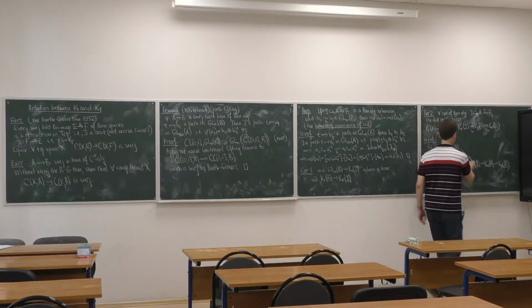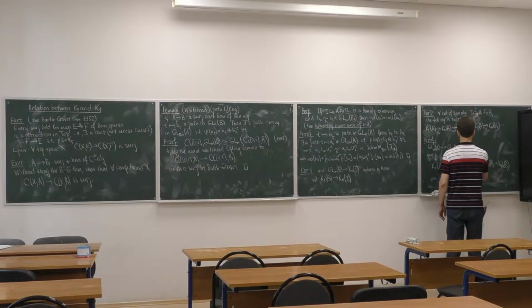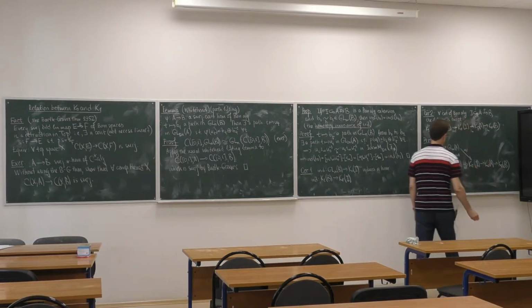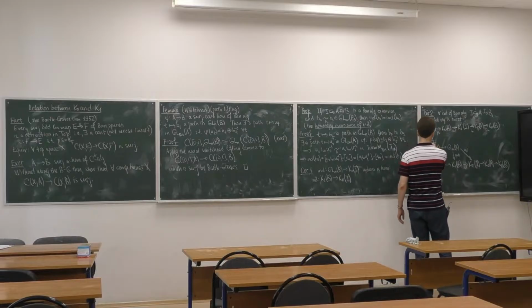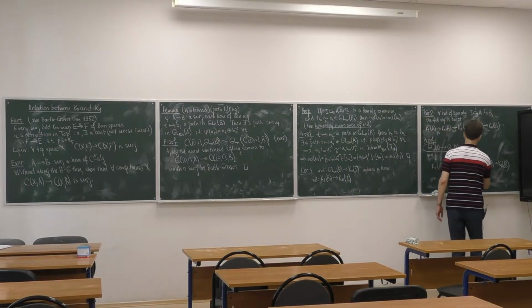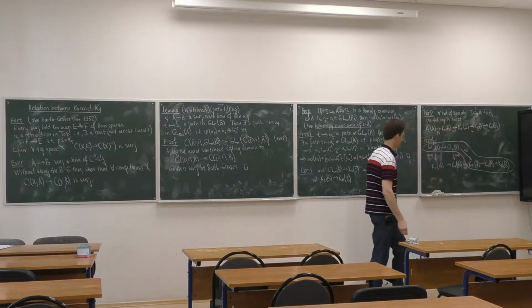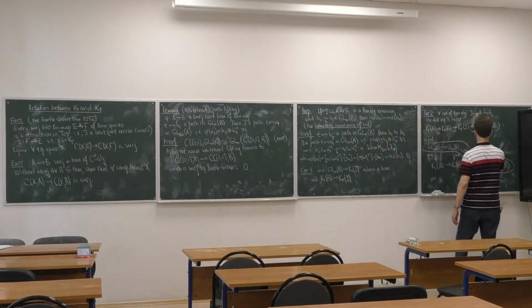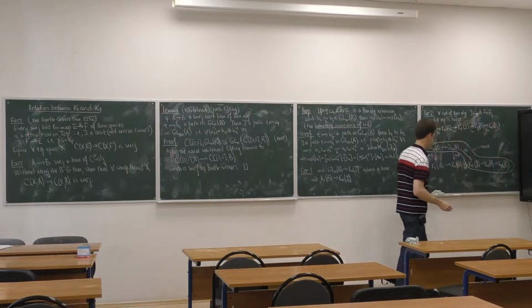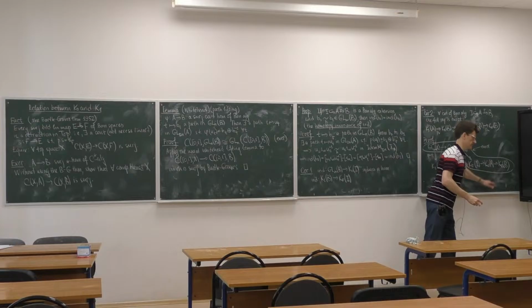This is the index map, and this is the map induced by the index map. So the diagram is commutative, and we already know that this sequence is exact. Now a simple diagram chasing shows that this line is also exact.